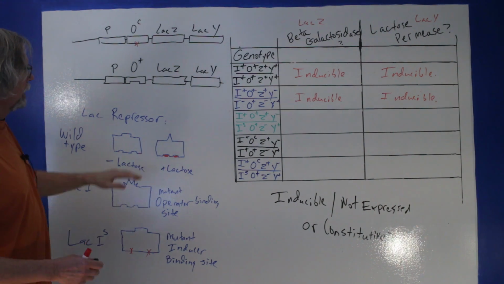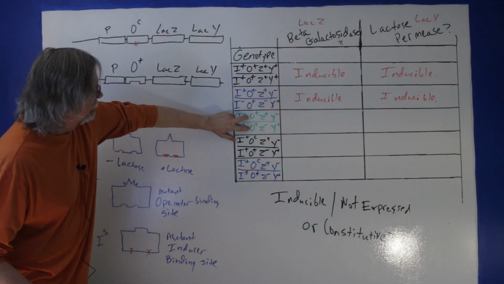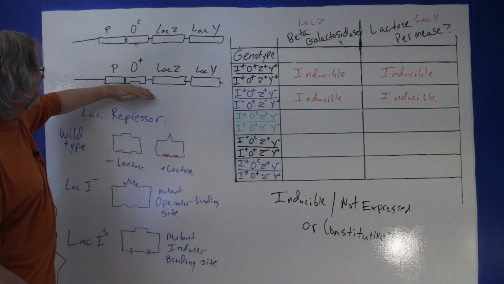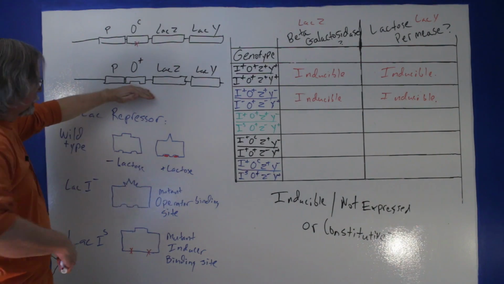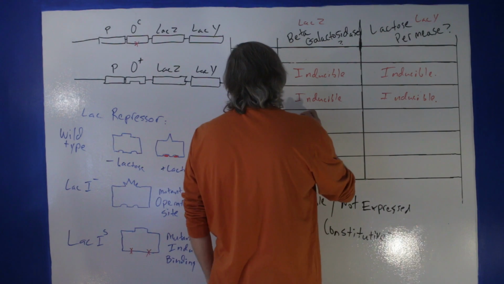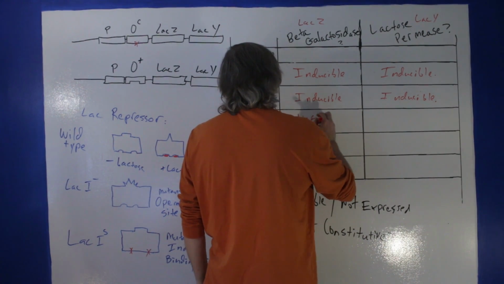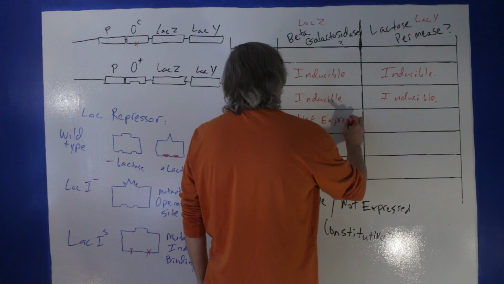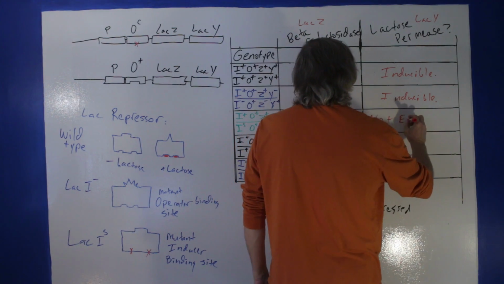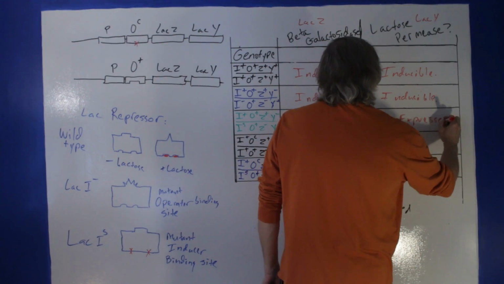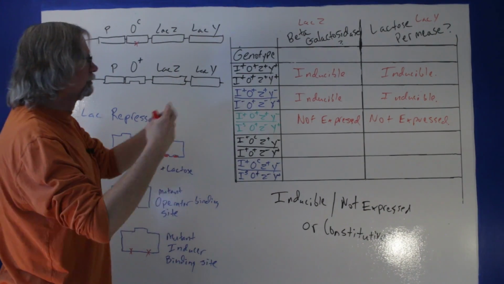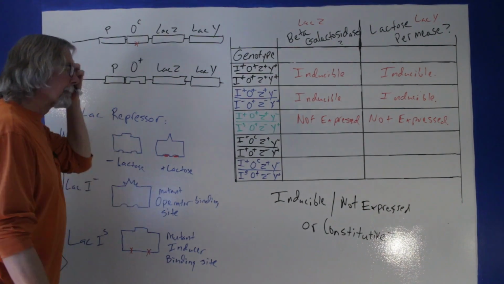Okay, so that means there are both functional copies of the operator. That means the super repressor is constantly going to be bound to this, and it can't be induced to come off. So for both of these, there's no expression. All right, so far both of these genes are being regulated the same.